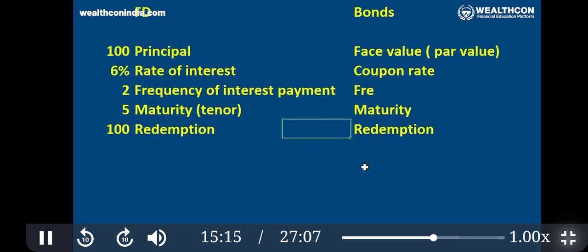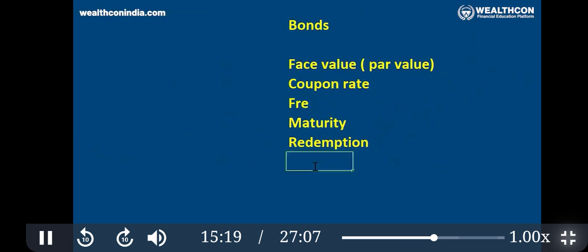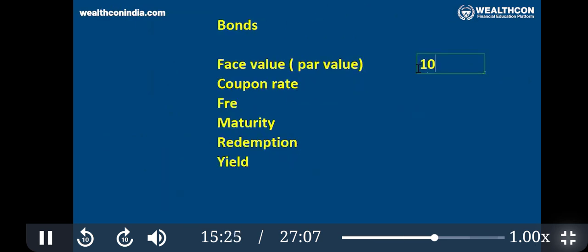In the bond, there is one more terminology called yield. What does it mean? Suppose you invest in the bond at 100 rupees and you get 3 rupees after 6 months, again 3 rupees after 6 months.